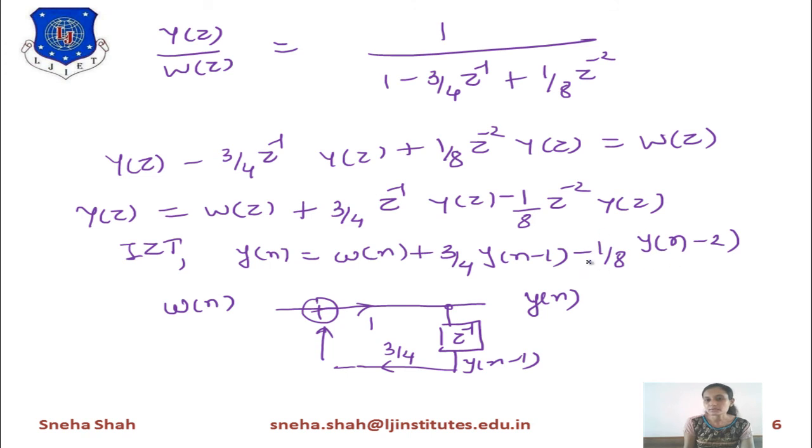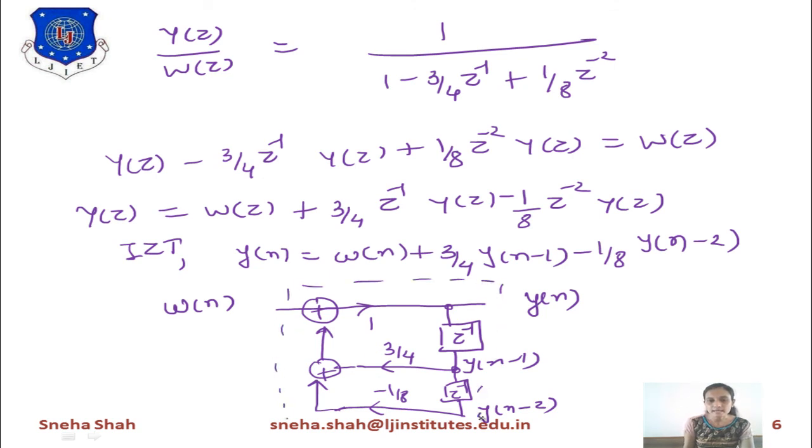Similarly, this term is also there, so we apply another unit delay, z inverse, and it gives the answer y of n minus 2. It gets multiplied by minus 1 by 8, so we multiply over here by minus 1 by 8. This part adds with this part, and both add with w of n. It gives the final answer y of n. So this term represents h2 of z.